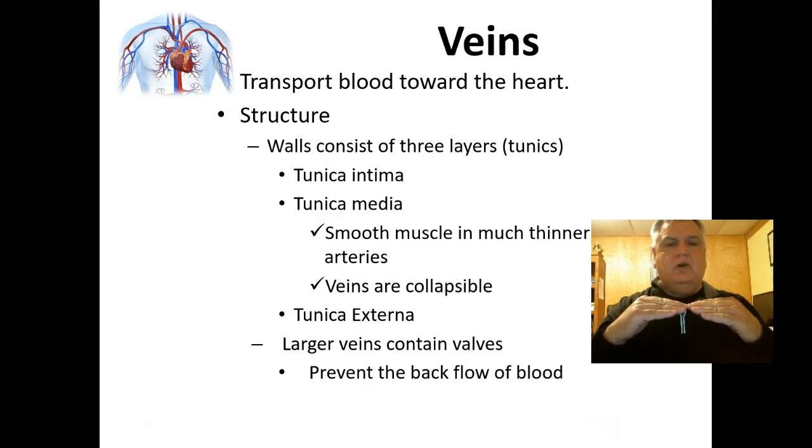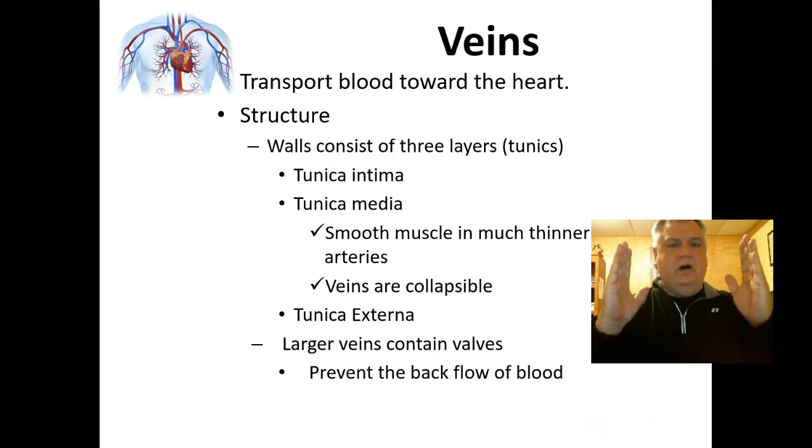So when the heart contracts, the pressure goes up. That pressure is able to overcome the force of gravity, let's say, for example, in our legs, and the valves in the veins open up and allow the blood to pass up through the vein.